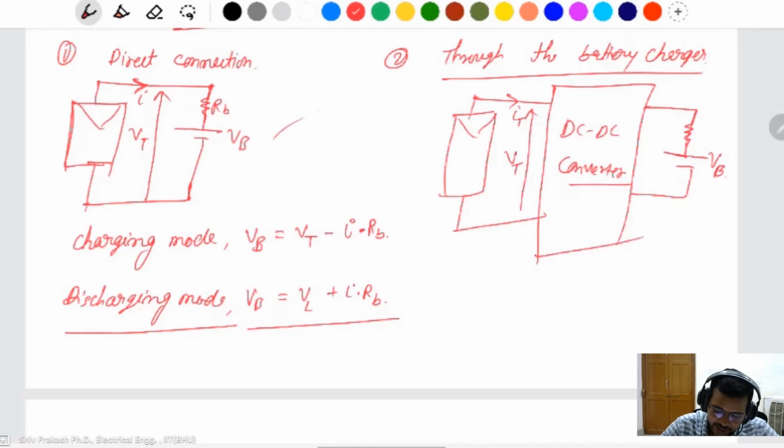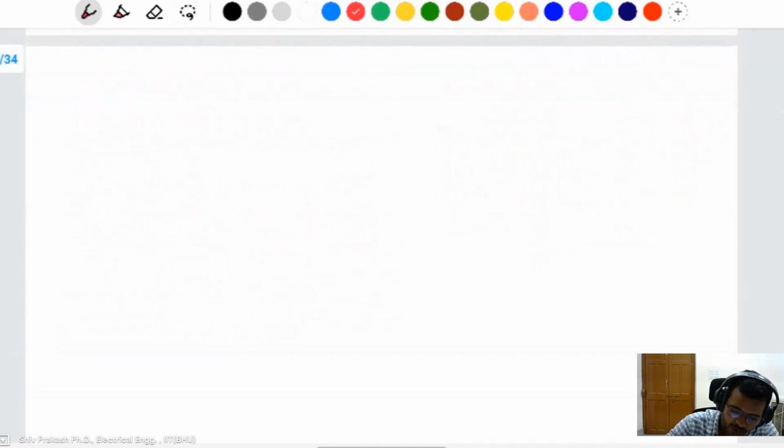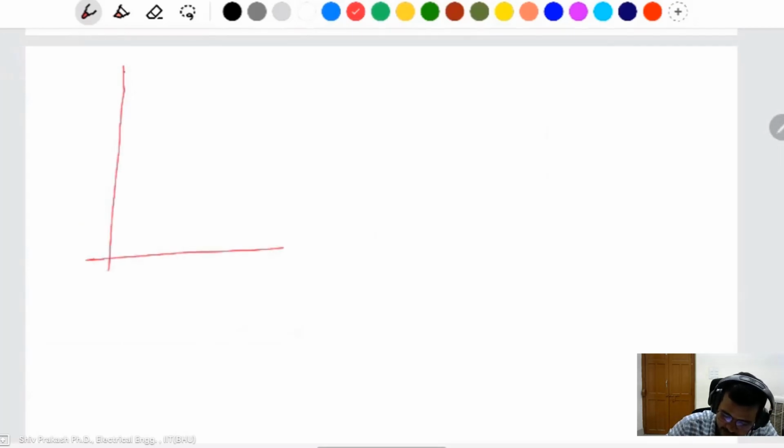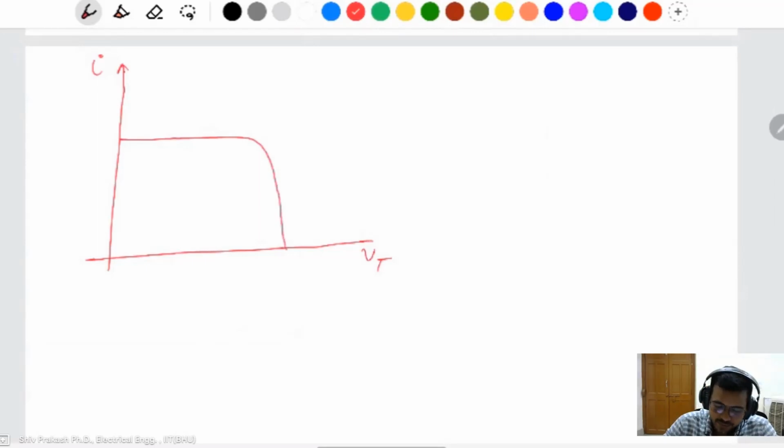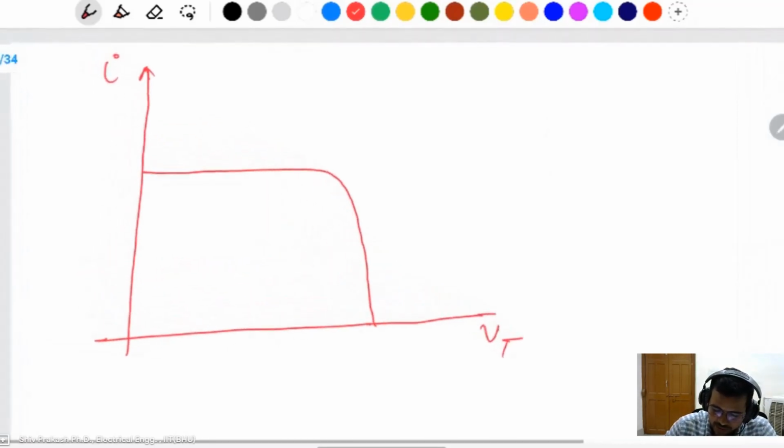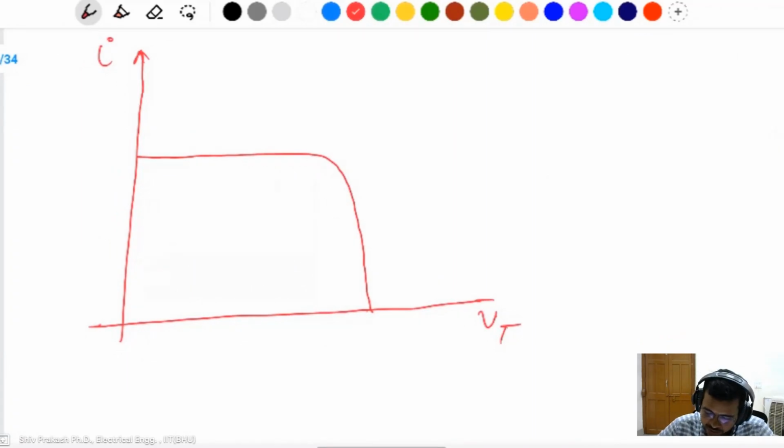But in direct connection, there is a problem with the specification of the solar PV. All of you know about the IV characteristic of a solar PV panel. It is like that. This is the current, this is the voltage.